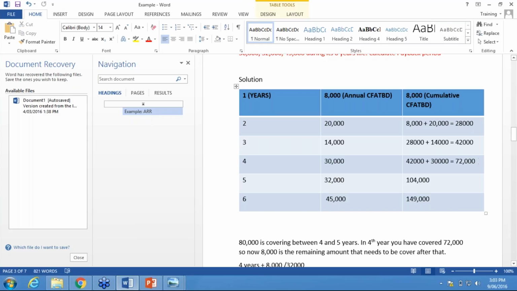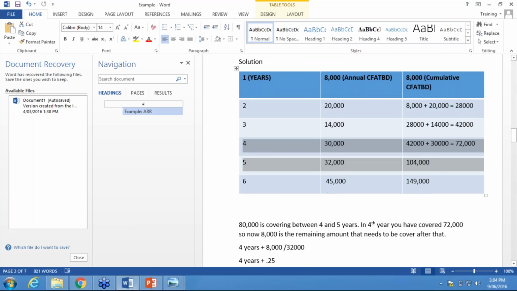Which figure is less than 80,000, closest to 80,000? Of course these 3 are less, but closest to 80 is 72. So what I can see here is that 80,000 is covered between year 4 and year 5. Because in 4 years you will get 72, in year 5 you will get 104. So 80,000 will be covered between 4 and 5.